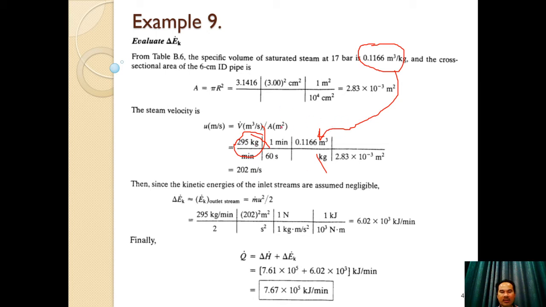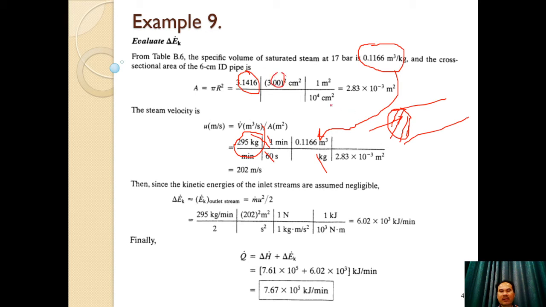Then you change from minute to second: 60 seconds equal to 1 minute. And then you divide it by the flow area. The flow in the tube is perpendicular to this area, the inside area, equal to pi r squared. The diameter is 6 centimeter, so area equals pi multiplied by r squared.